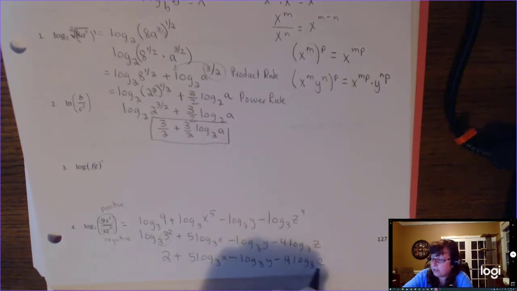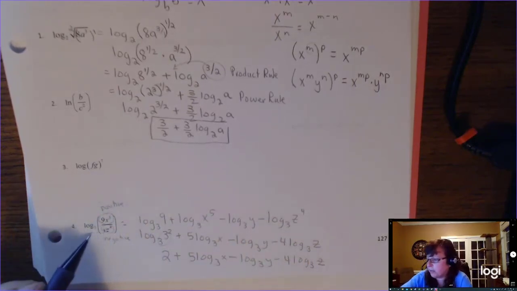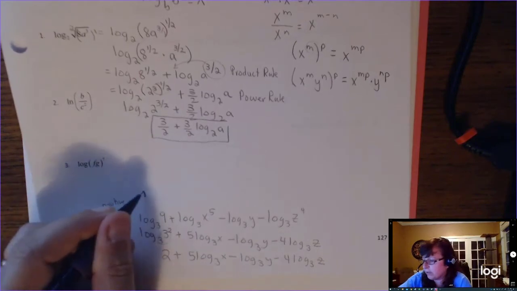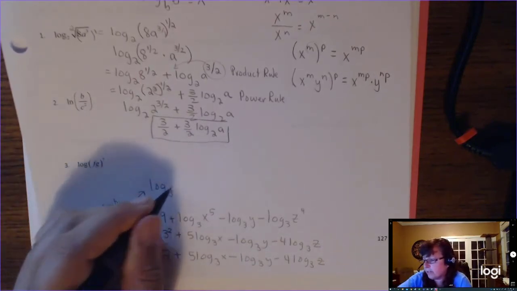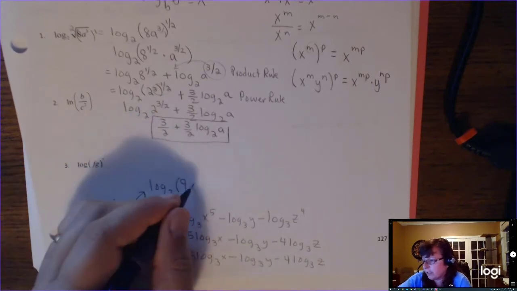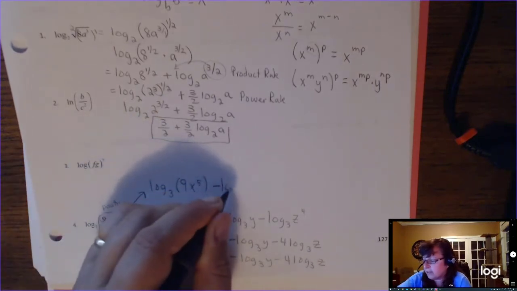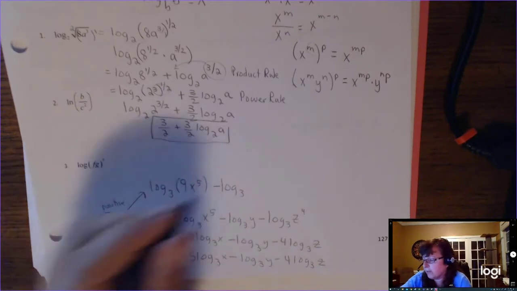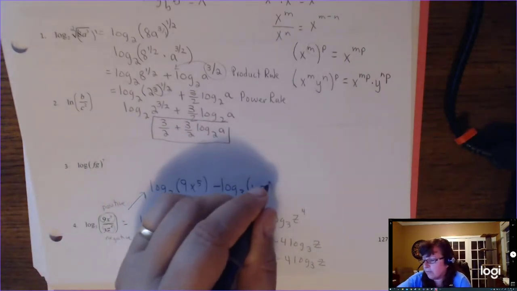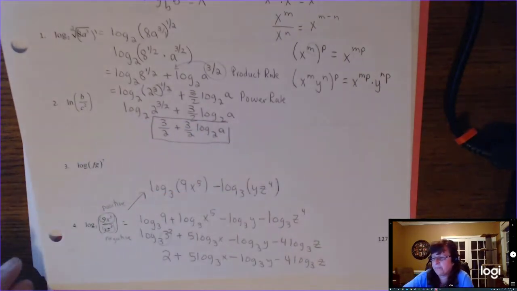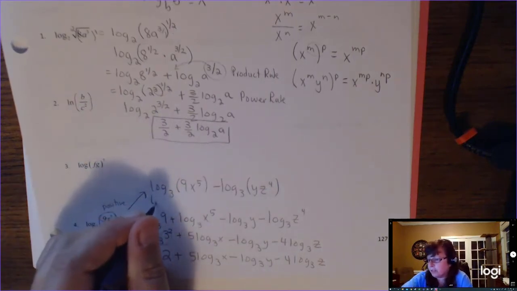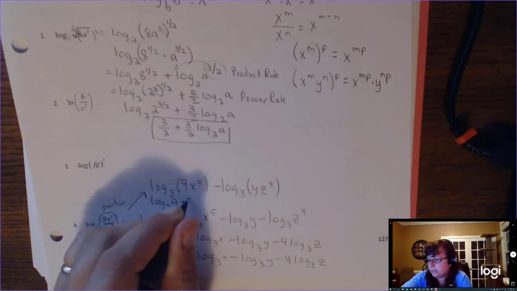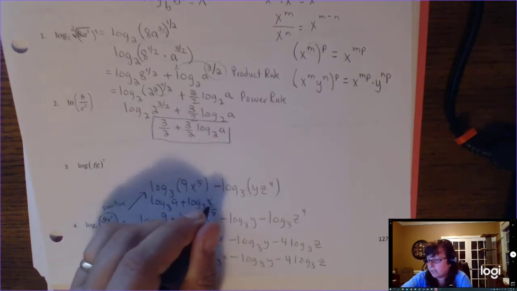Okay, so to finish up, I'll show you why that works. So if we did this the long way, you see a quotient, right? So that would be the log base 3 of the numerator, 9x to the 5th, minus the log base 3 of the denominator, yz to the 4th. That's the quotient rule. But then we have to split that up using the product rule. So that's the log base 3 of 9 plus the log base 3 of x to the 5th.